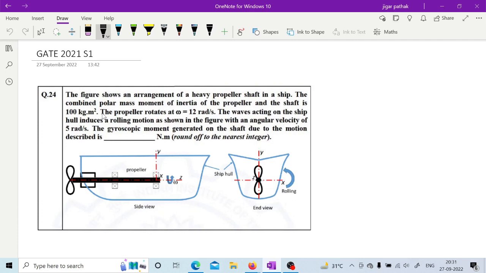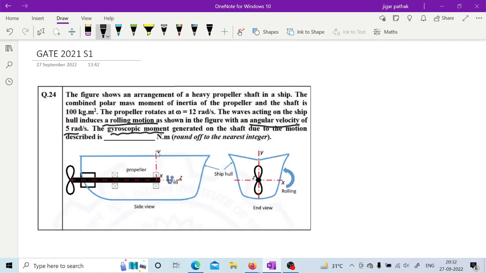The waves acting on the ship hull induce a rolling motion. Here you are having a rolling motion as shown in the figure, with an angular velocity of 5 radian per second. Now the gyroscopic moment generated on the shaft due to the motion described, you have to calculate.